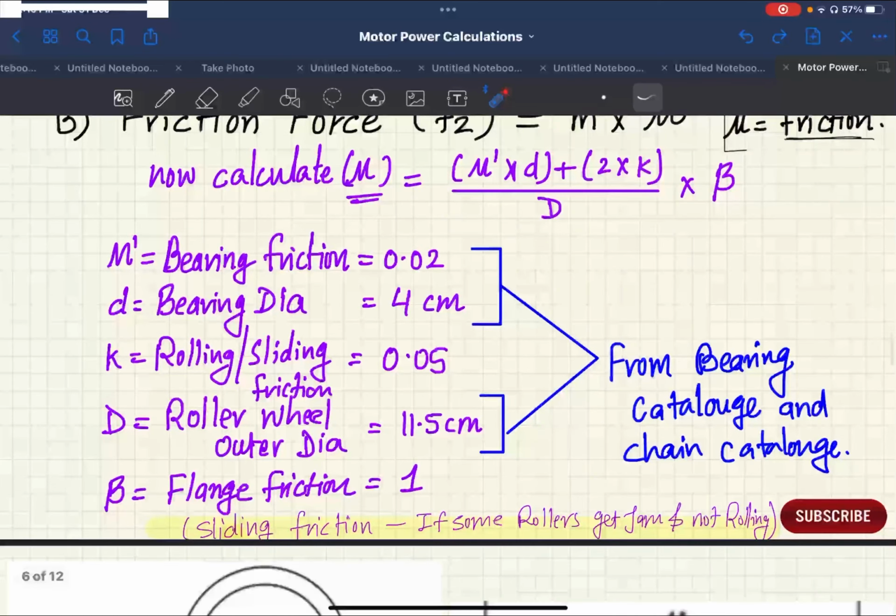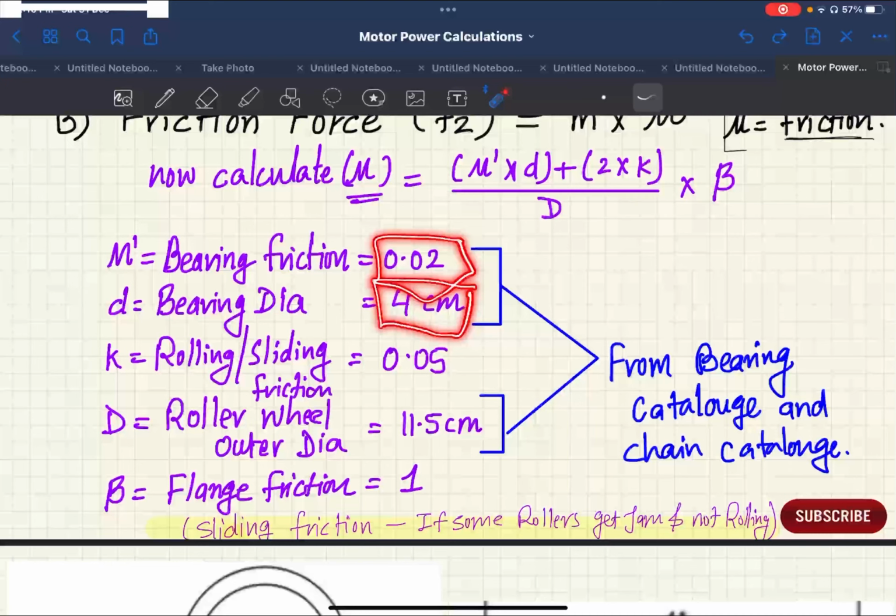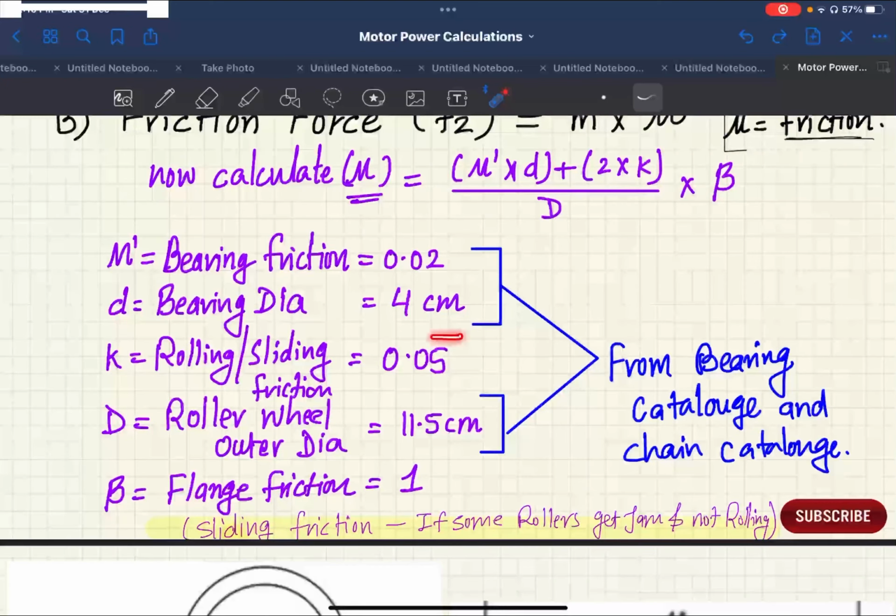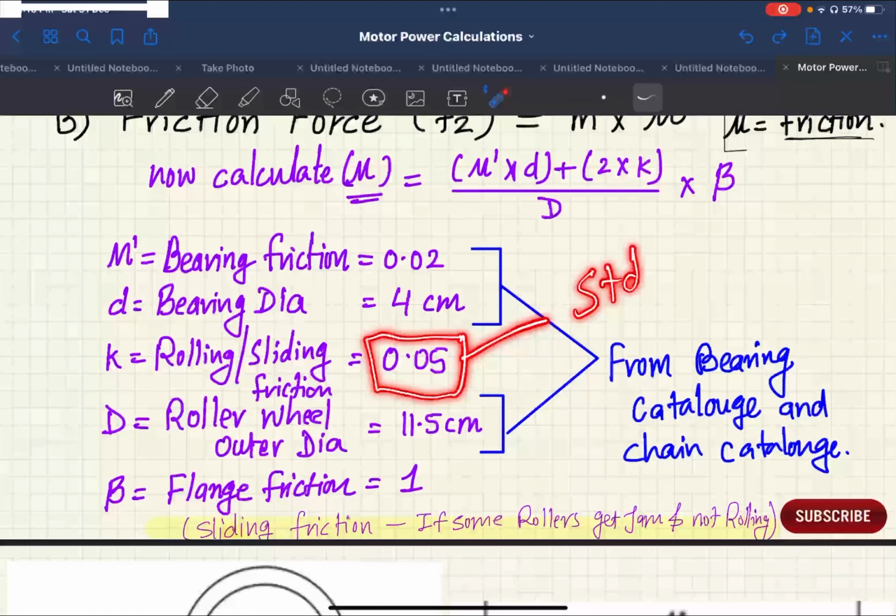Now we will consider mu dash, the bearing friction, as 0.02. Small d is the bearing diameter, which is 4 centimeter. Both these figures came from the catalog. Then K, the rolling or sliding friction, we usually consider as 0.05. This is a standard parameter which you can directly consider.